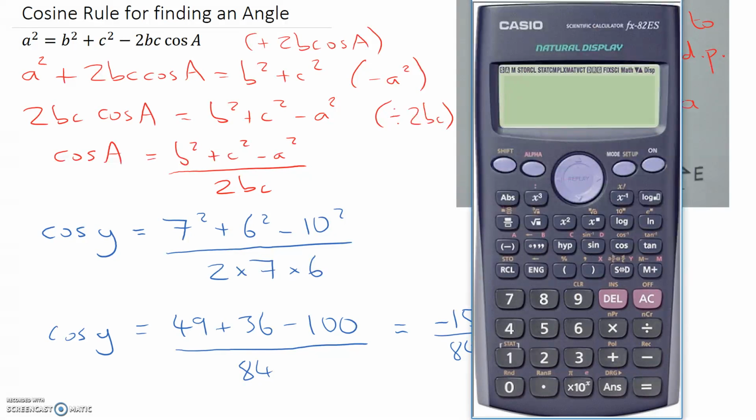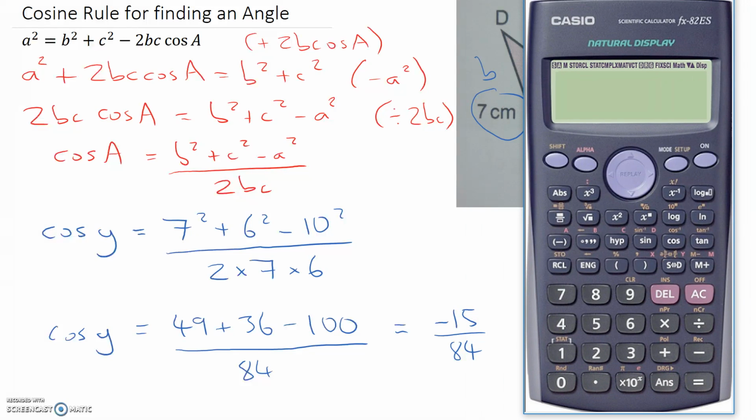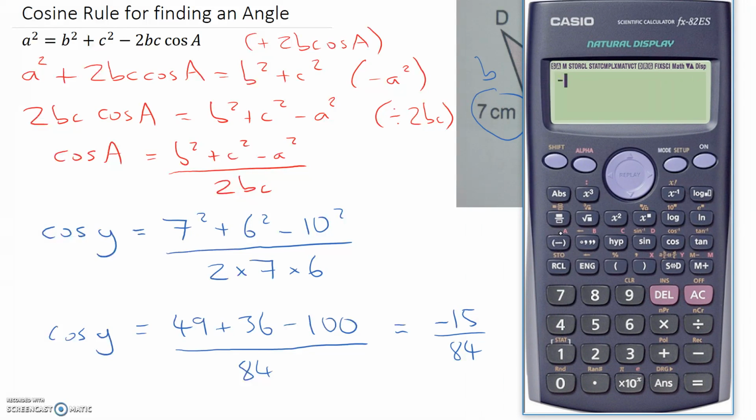If we grab our calculator, we can do negative 15 divided by 84. If we wanted to, we could check what value that was, minus 0.1785 and so on. But we need to find y, not the cosine of y. Minus 15 over 84 simplifies to minus 5 over 28.